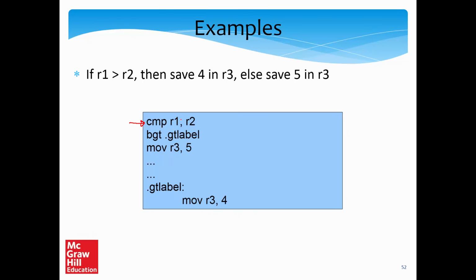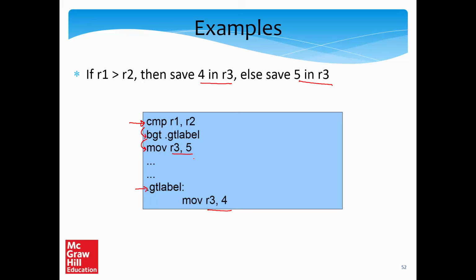If R1 is greater than R2, the flags.gt bit would be set to 1. So if it is greater than, we jump to the GT label, which is over here, and we store 4 in R3. Otherwise, we don't jump, and by default we come to the next statement where we store 5 in R3.